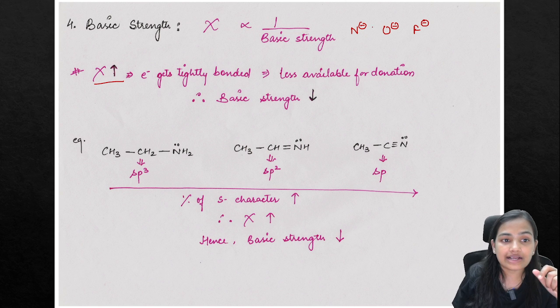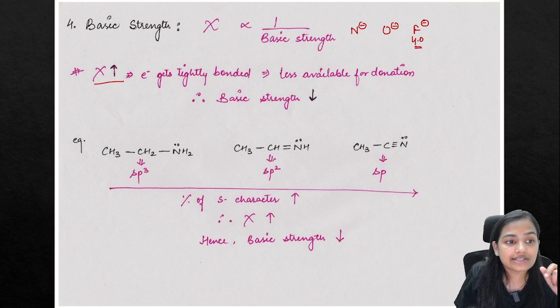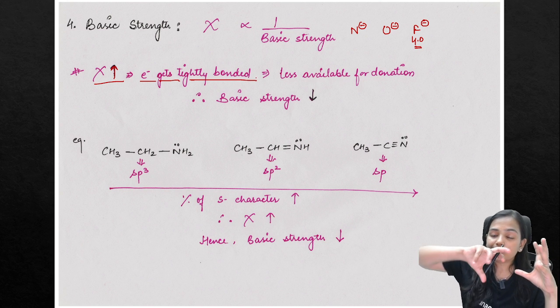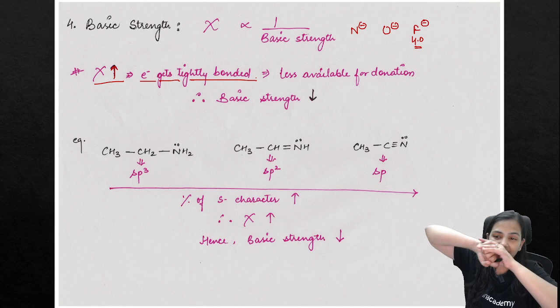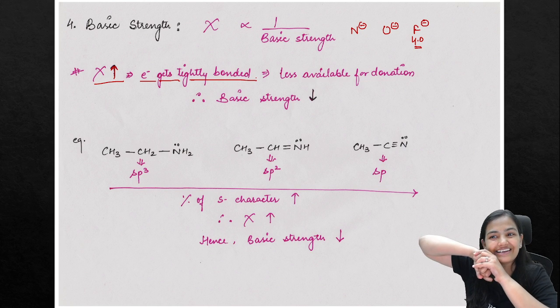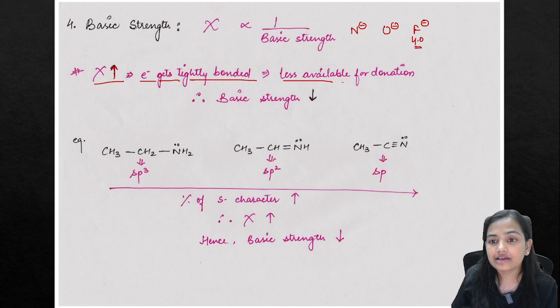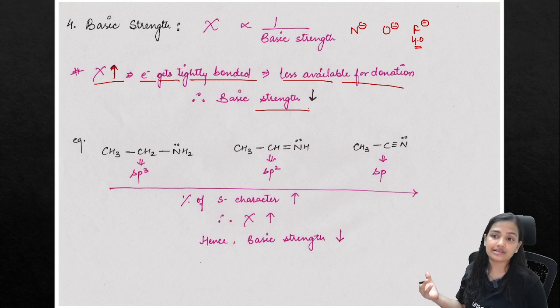Its electronegativity value is 4.0, so as the electronegativity increases, the electron gets tightly bound by the nucleus. The nucleus will hold the electron more tightly, and if the electrons are more tightly held, they will be less available for donation, and so therefore basic strength decreases.